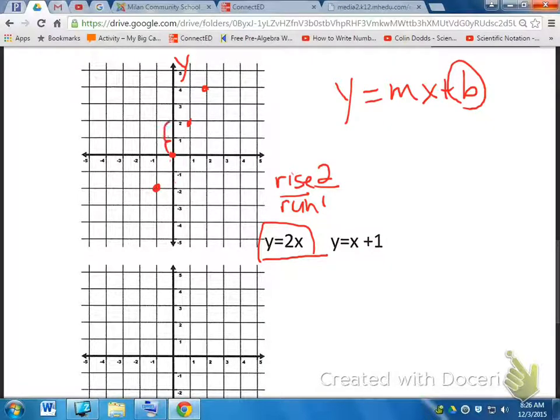Rising 2 and going 1 right is the same as falling 2 and going 1 left. See how they're both going uphill for the positive slope? So you should try to put in as many points as you can. I'm going to go down 2 more and 1 more left. And therefore, I can now put in my line.